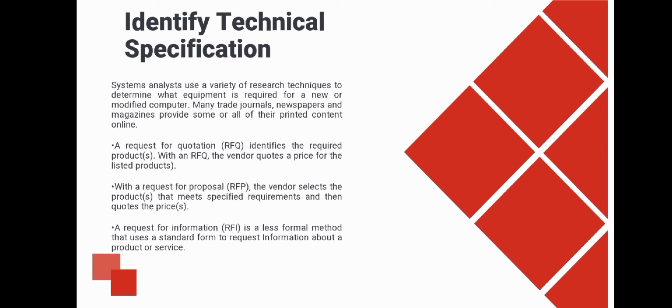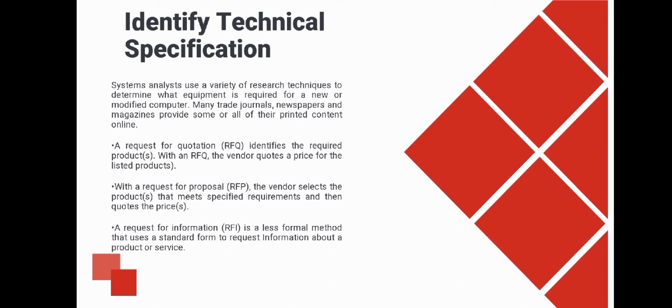Many trade journals, newspapers, and magazines provide some or all of their printed content online. After the system analyst defines the technical requirements, the next step is to summarize these requirements for potential vendors. The system analyst can use three basic types of documents for this purpose: an RFQ, an RFP, or an RFI. A request for quotation identifies the required products.